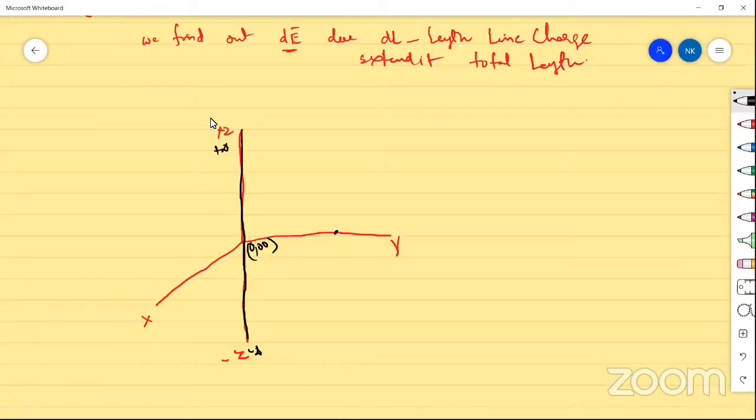I will consider a point somewhere on the y-axis. Let us consider the point P. So on the y-axis z will be 0.